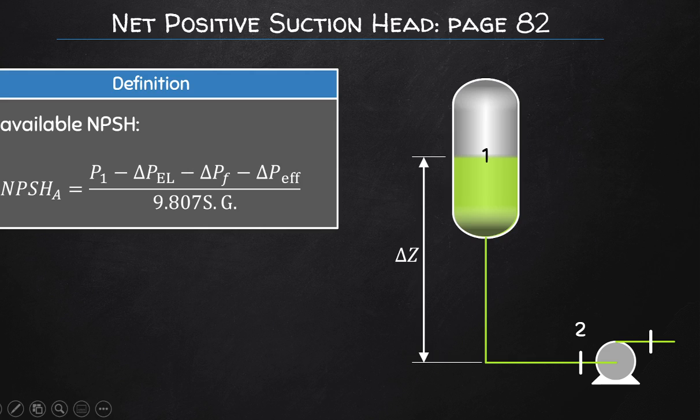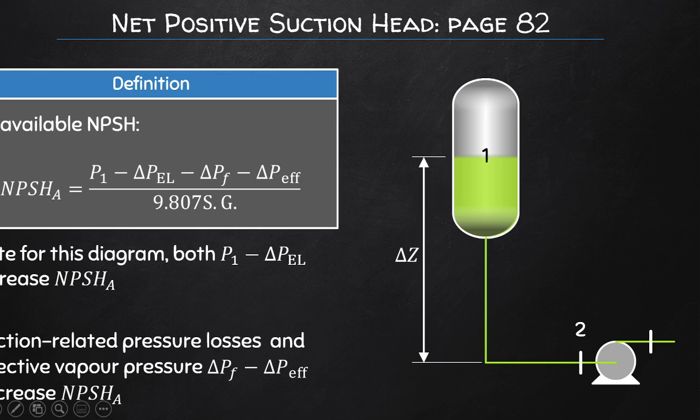Alright. Now make sure that you understand that the end point pressure P1 and the differential pressure due to the elevation both typically increase the net positive suction head, unless of course the vessel is below the pump location. Okay.